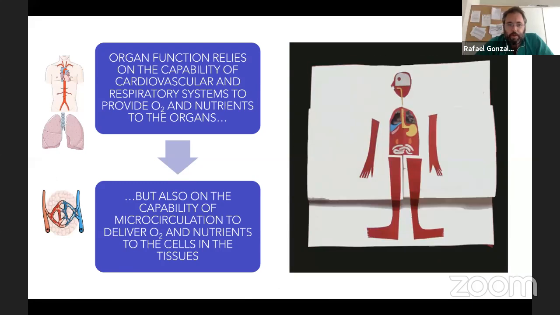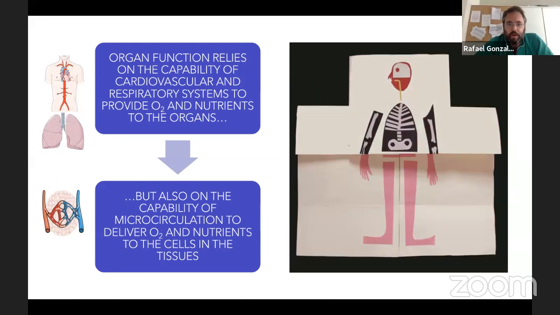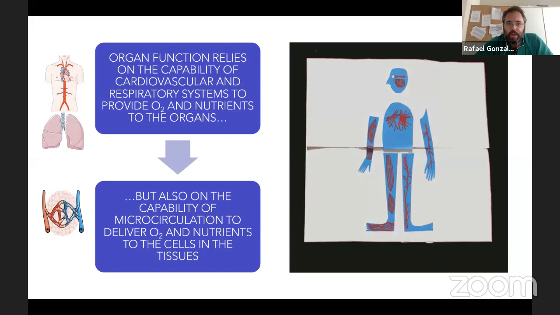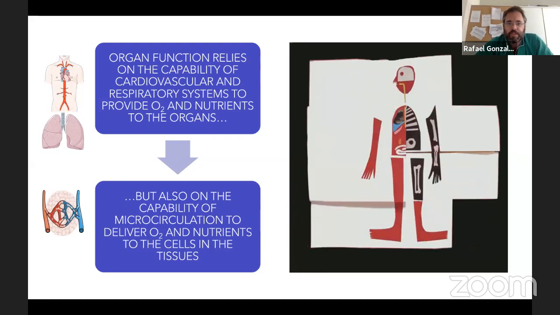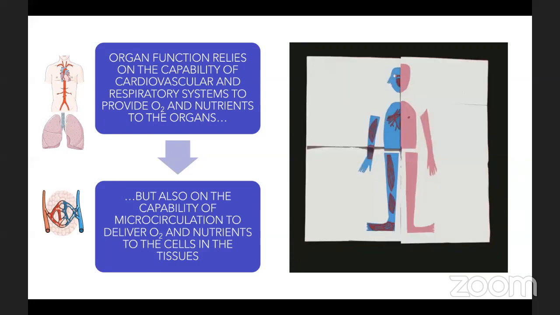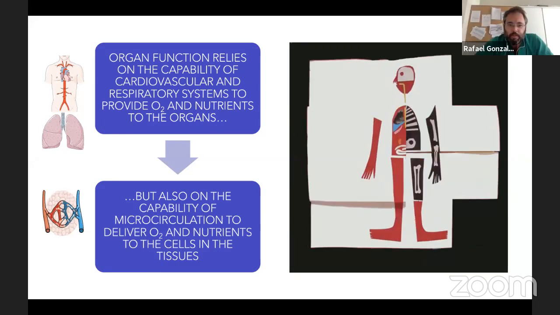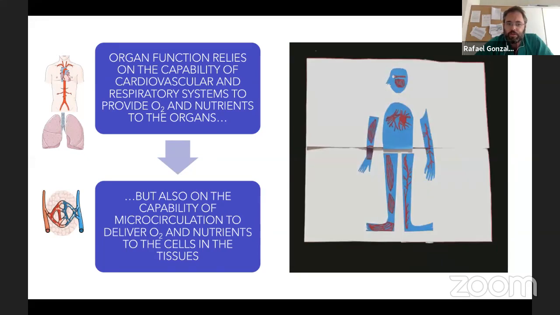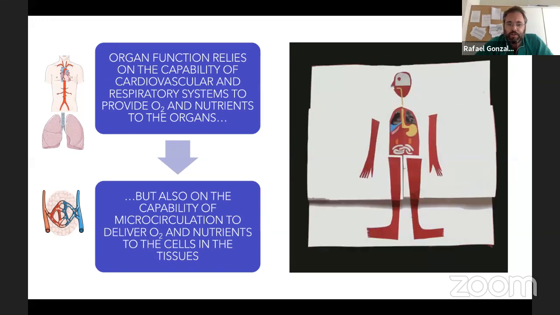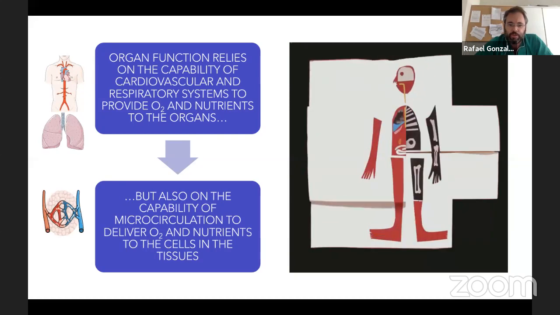We have to remember that every organ function relies on the capability of the cardiovascular and respiratory system to provide oxygen and nutrients to the organs, but also on the capability of the microcirculation to deliver oxygen and nutrients to the cells in the tissues.